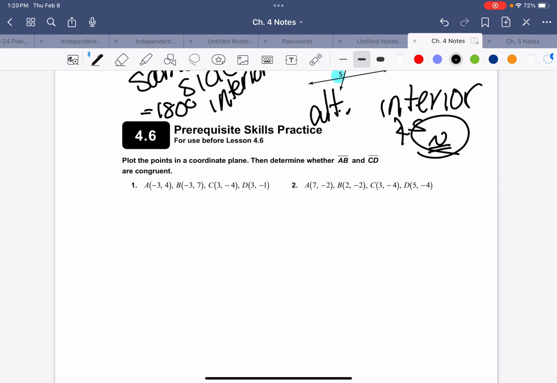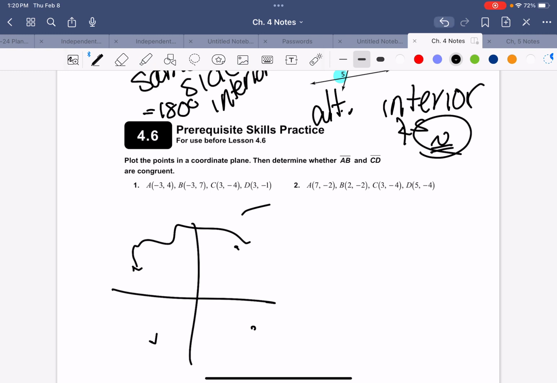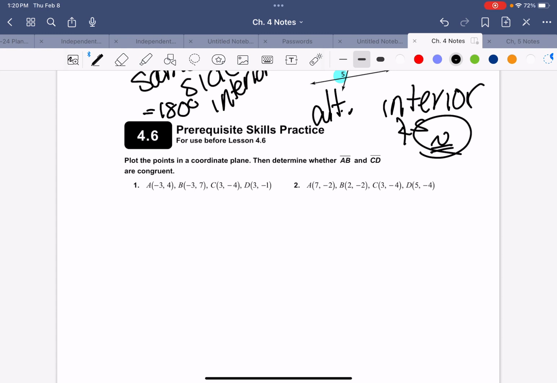Now, plot these points in the coordinate plane. Then determine whether AB and CD are congruent. So you can plot all of them. You can go here. You can plot your points and then try to count. But again, I showed you something yesterday. Go into Desmos, and what I want you to do is compare AB and then CD.